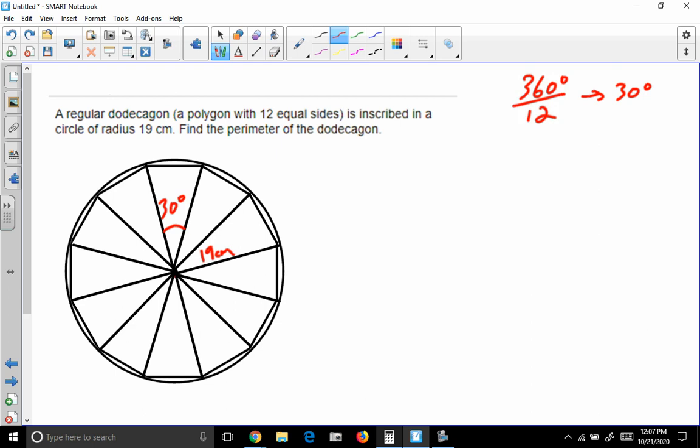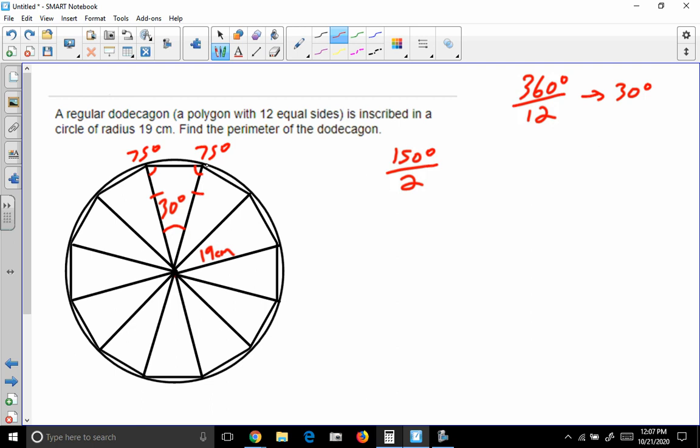But those are isosceles triangles. So if that side and that side are the same, so if that's 30, that means we have 150 degrees left for the other two angles combined, which if each of those are the same size, if we divide that by 2, that means that's 75 and that's 75.